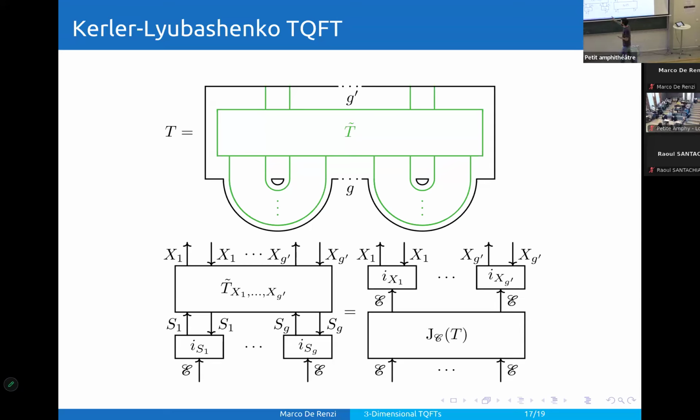So the composition of top tangles is translated into the composition of these morphisms over here. And it's also a braided monoidal functor. So it behaves well with respect to boundary connected sum. It's translated to a tensor product. And the braiding is also respected.